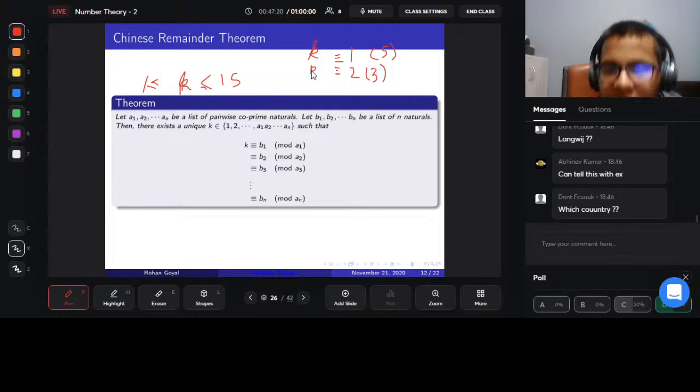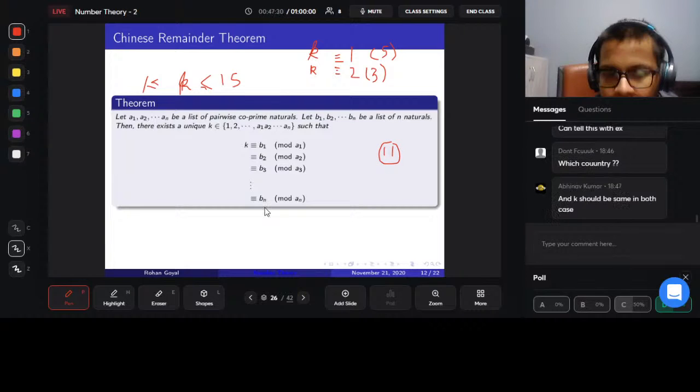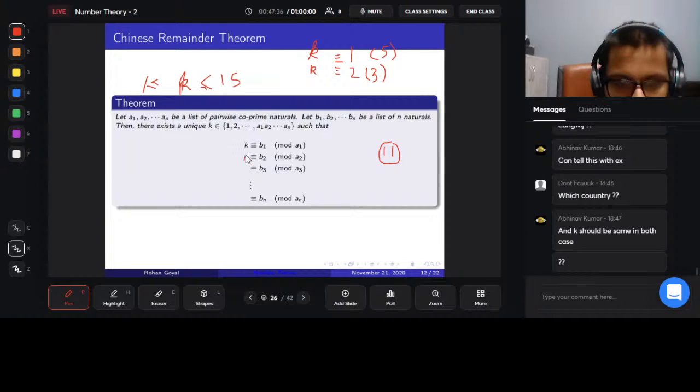I can find such a unique number, and in this case that number will be 11. So for any such congruences b1, ..., bn, we are finding k, right? k satisfies all these congruences.